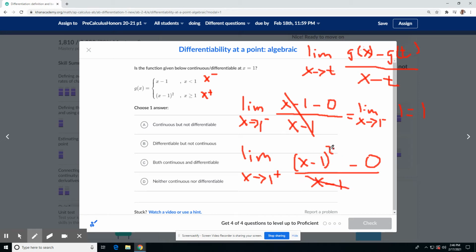This cancels and this cancels. When you plug 1 in here, you get 1 minus 1 equals 0. Is this the same value? No. So it is not differentiable because it has a different output here, but it is continuous because when I plugged it in, it was okay. So continuous, you just plug in. Differentiable, you have to use the limit definition. So continuous, not differentiable.